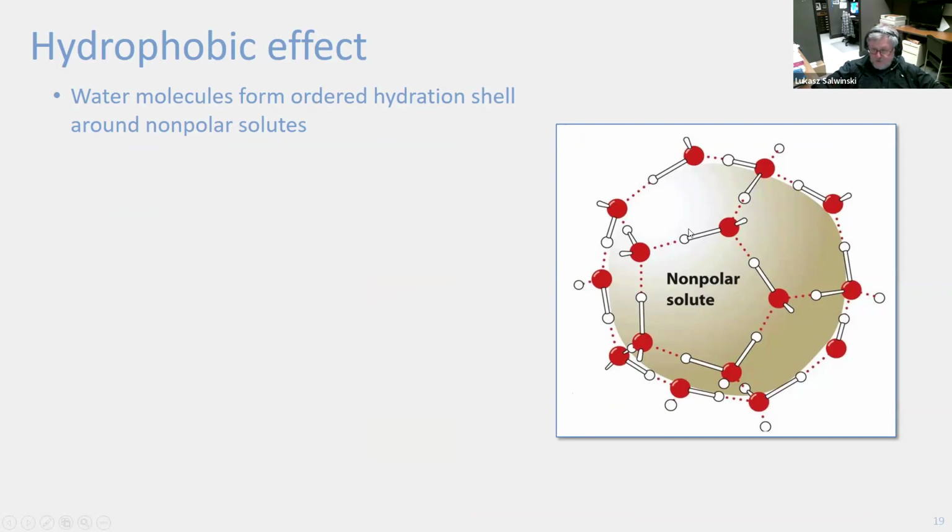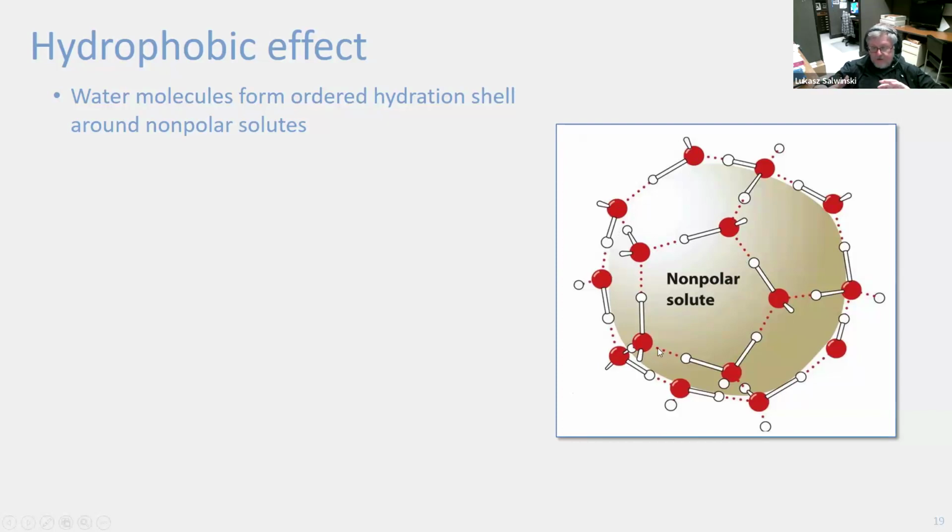So the water will orient itself in such a way that it will be able to form hydrogen bonds only along the surface of the apolar molecule, to make connection to other water molecules.